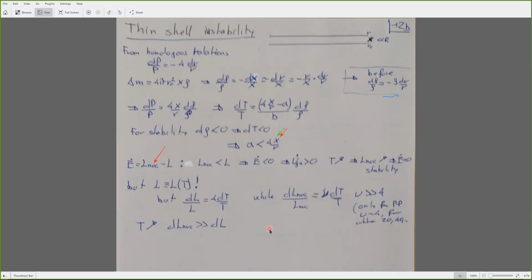Everything is easily quick, so you cannot notice it as well as in the asymptotic giant branch. The thin shell instability is mainly noticed in the first asymptotic giant branch.